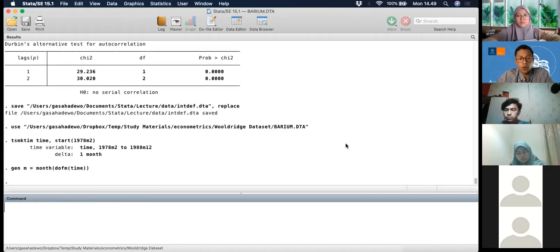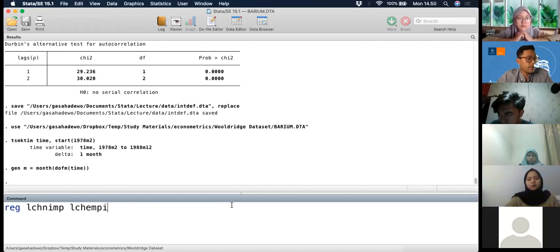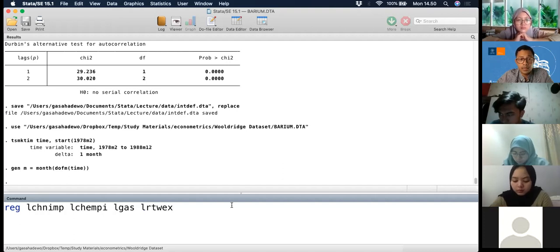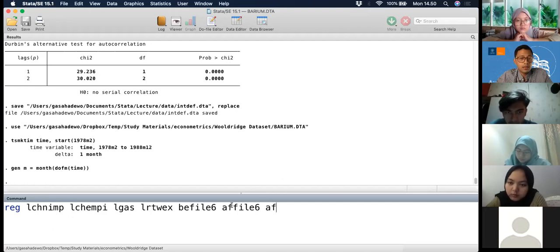Okay, so the first regression that I'm going to do is to regress the log of China import on the log of chemical import, the log of gas, and the exchange rate, and then the dummy for 6 months before the filing, the dummy for 6 months after the filing to the ITC, and the dummy for December.